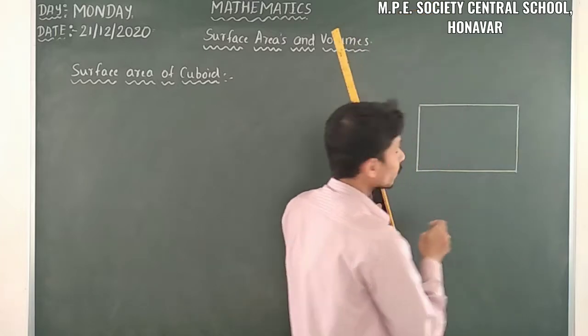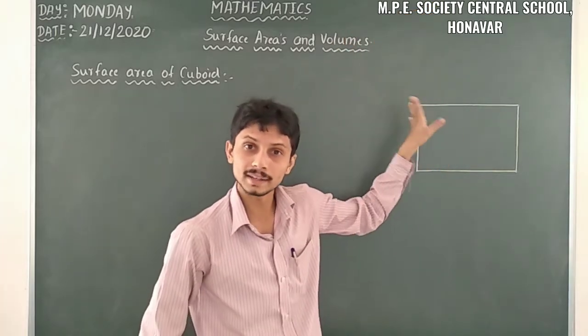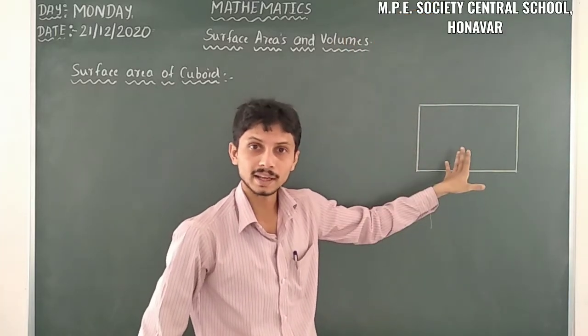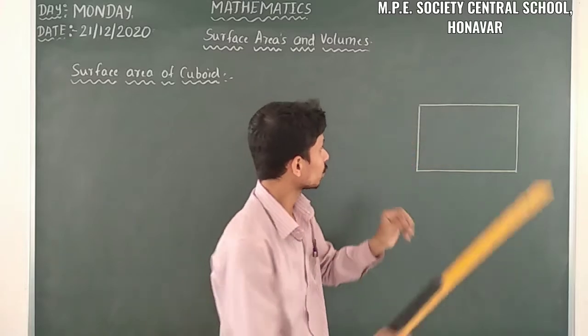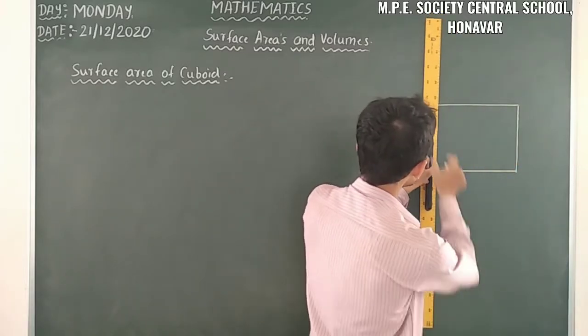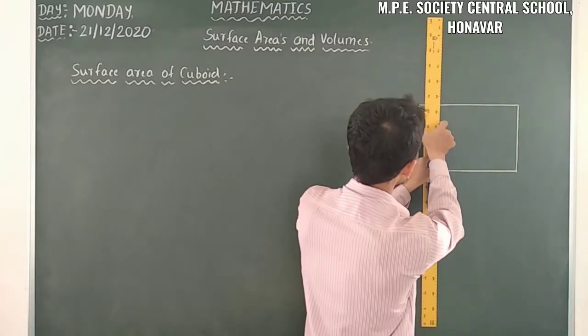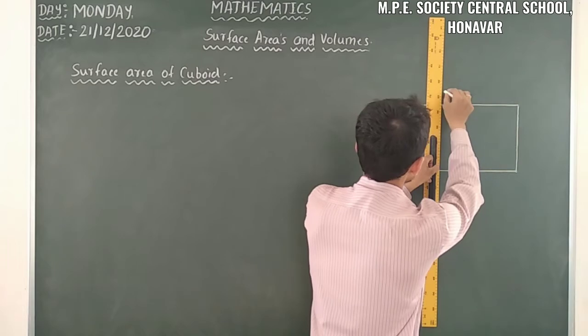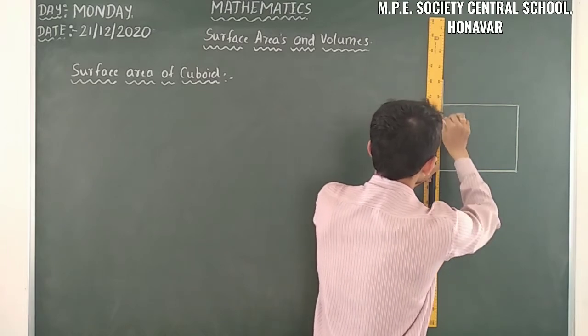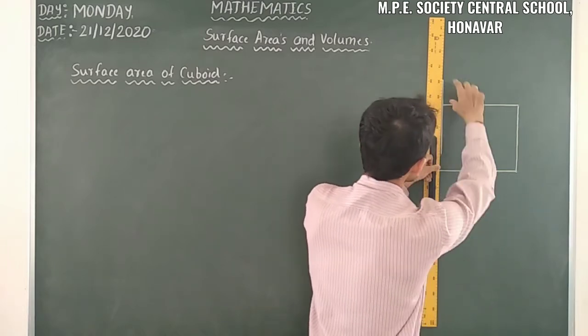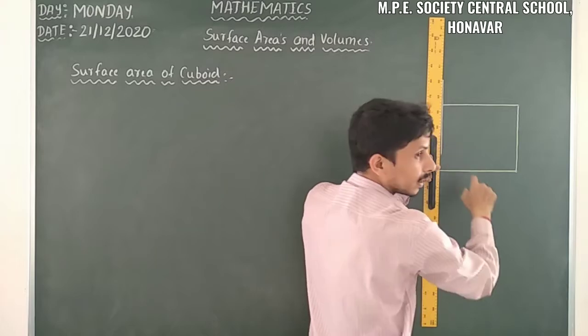Yes. So here we have to draw another rectangle. Here just observe. So here we have to take the equal distance. Likewise we have to take this distance and this distance the same.